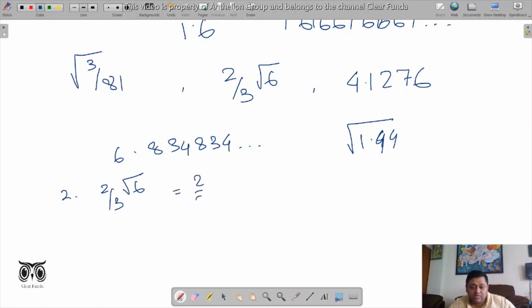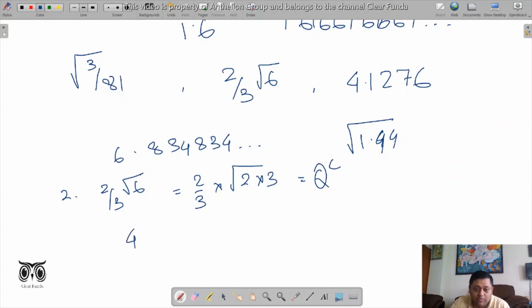This equals 2/3 into √2 into 3. Of course √6 itself is an irrational number, and the product of a rational and an irrational is irrational. So this is definitely an irrational number.